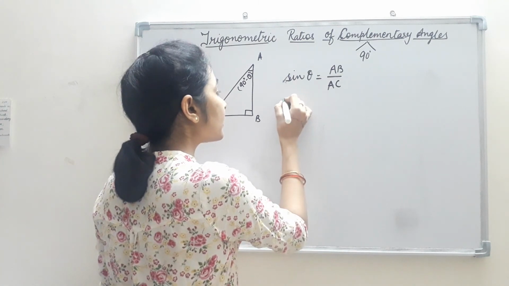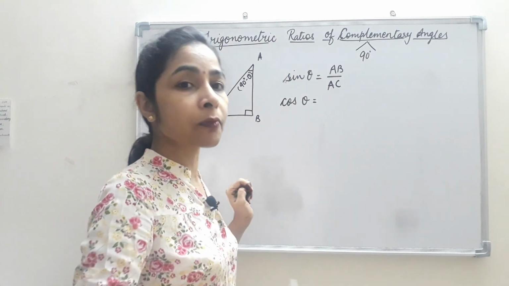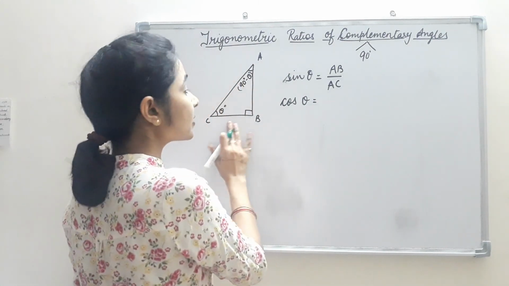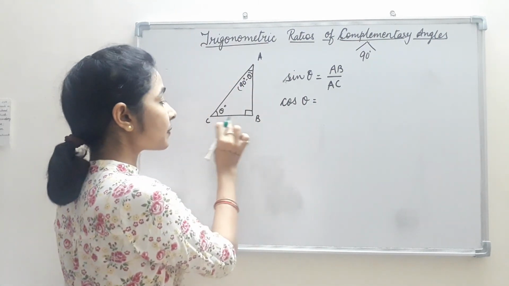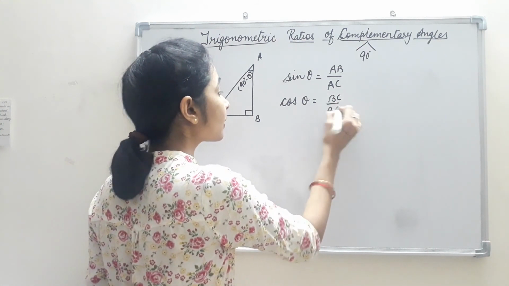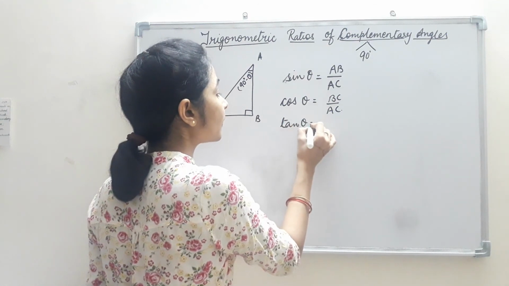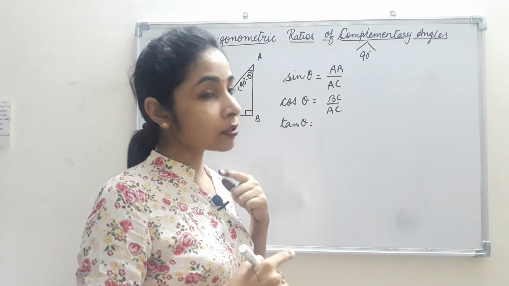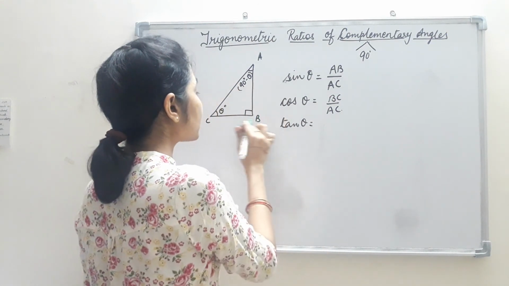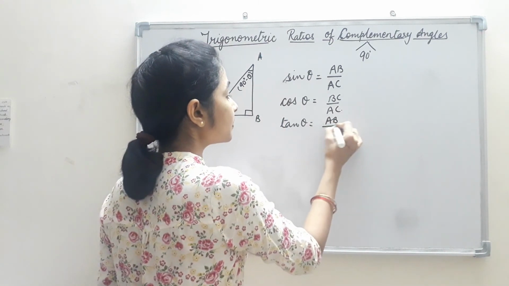If I consider the next ratio, cos theta, then cos theta is equal to base upon hypotenuse. The base for the angle theta is BC, so cos theta is equal to BC upon AC. Next is tan theta. Tan theta is equal to perpendicular upon base. The perpendicular is AB and the base is BC, so AB upon BC.